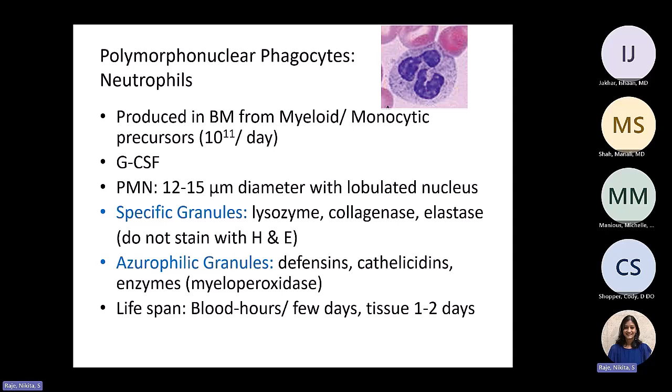These granules have various enzymes: lysozyme, collagenase, elastase, whereas the eosinophilic granules have some microbicidal chemicals like defensins and cathelicidins, and also have enzymes that help in their function like myeloperoxidase. Lifespan is pretty short for these cells, a few hours to few days in the blood. If they enter the tissue, they are going to be active for 1 to 2 days and then they die.